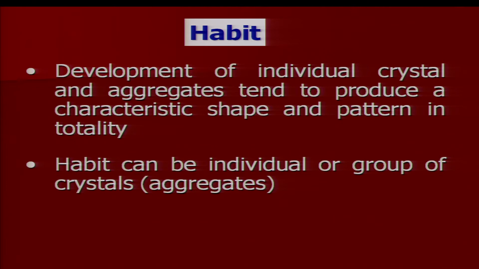Habit can be of an individual mineral or of a group of crystals. When it is of a group of crystals, we call it an aggregate. When we talk about the habit of an individual mineral, we are dealing with an individual crystal, but when we talk about the habit of a group of crystals, we call it aggregates.